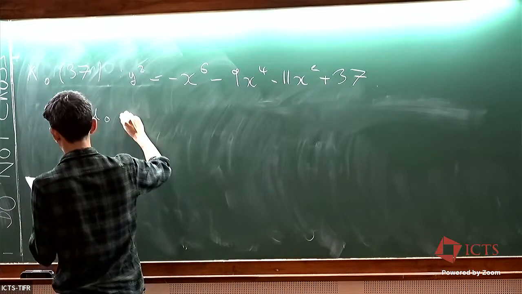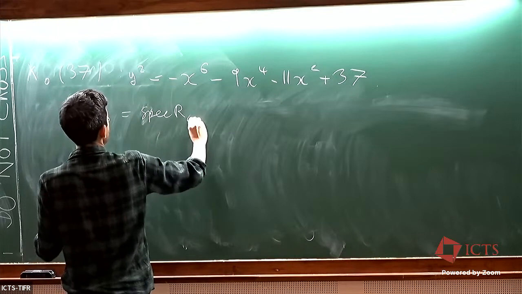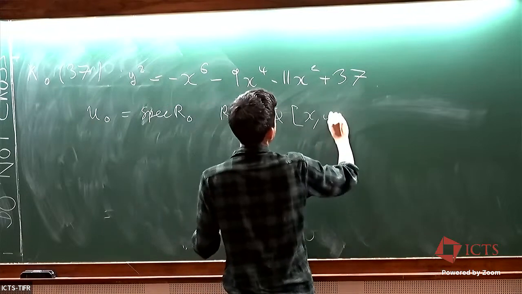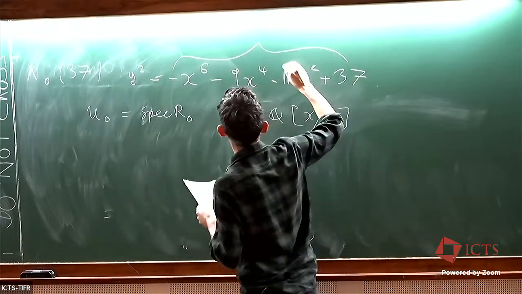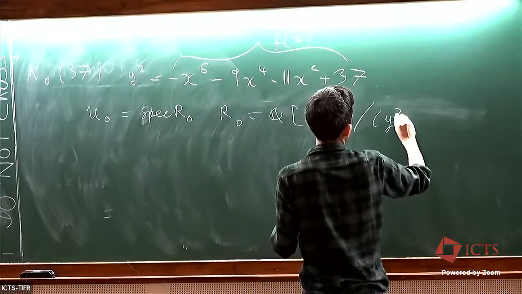So in this case, this curve has a natural cover in terms of two affine varieties, so we could take Spec of R0, where R0 is Q[x,y] modulo y squared minus f of x.